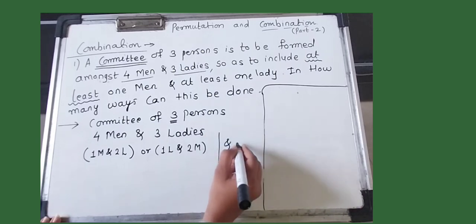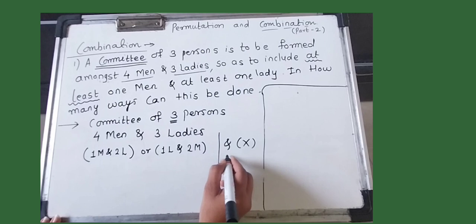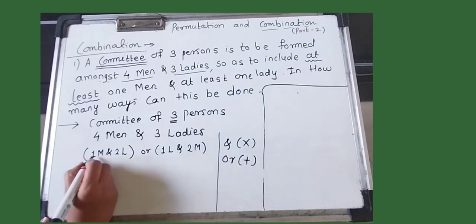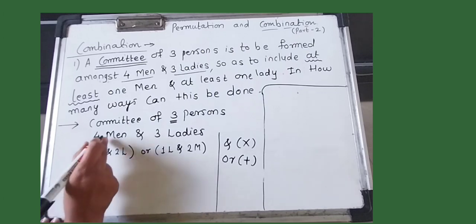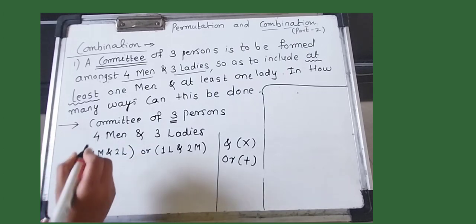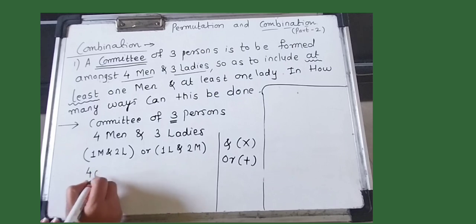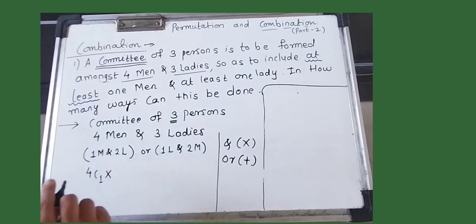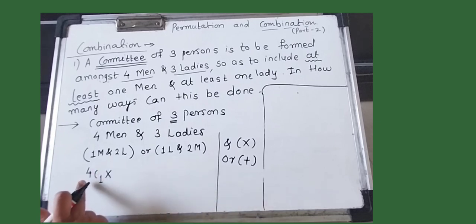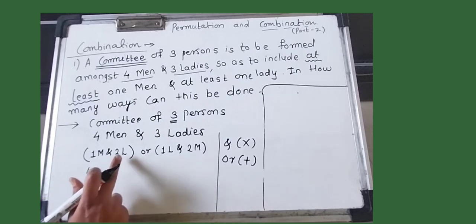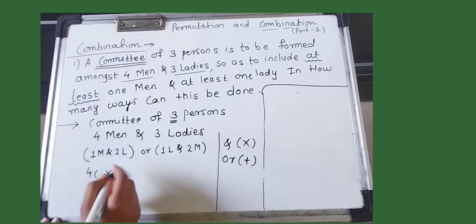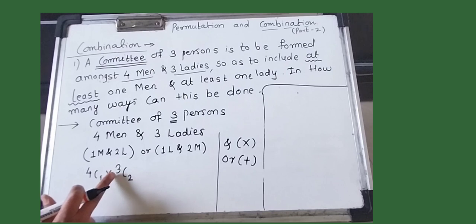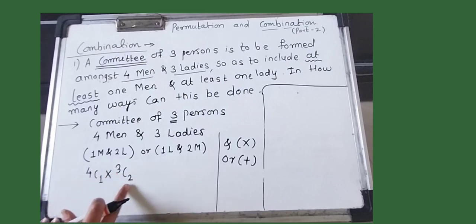Okay. Remember one thing in permutation and combination. If "and" is there, use multiplication. If "or" is there, use addition. See here, I take 1 man from 4 men. How is it possible? 4C1, and so cross multiplication. Clear? 2 ladies from 3C2, meaning 3 objects taken 2 at a time.